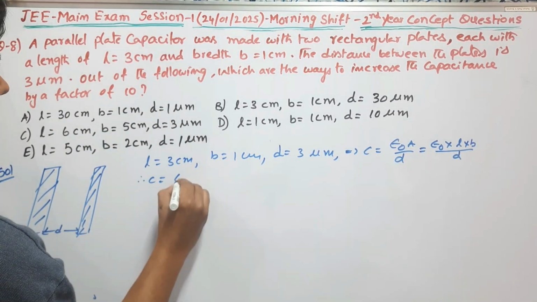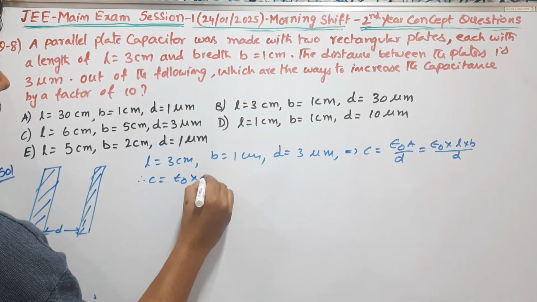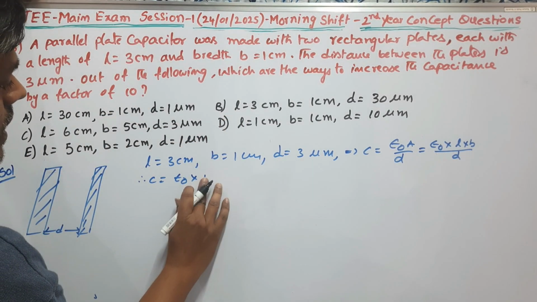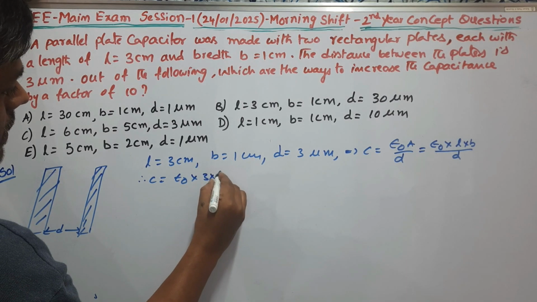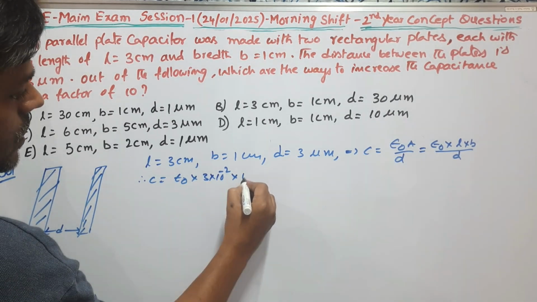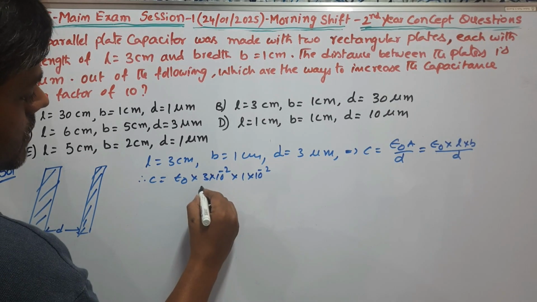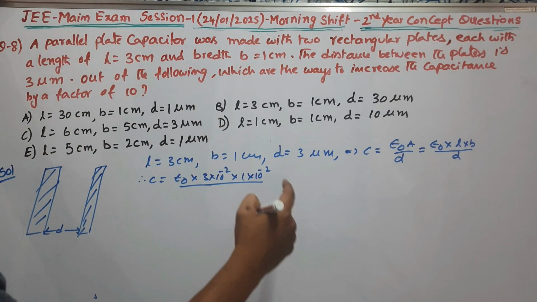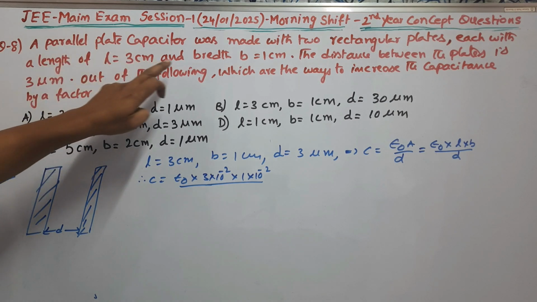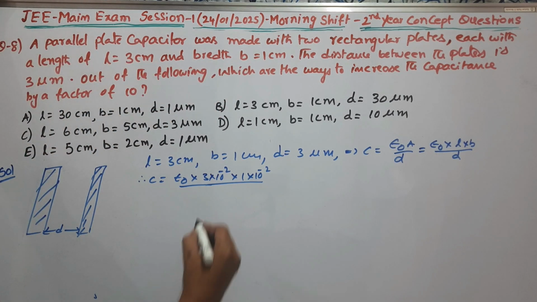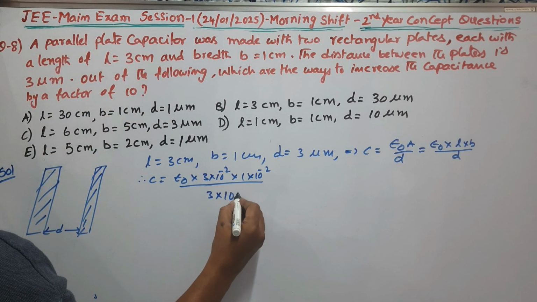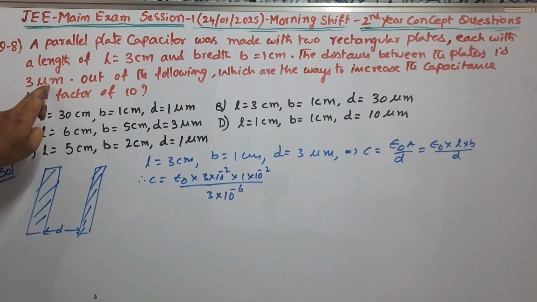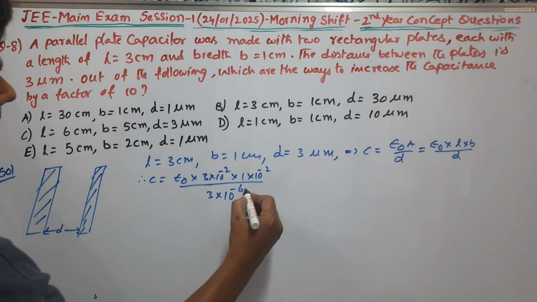Therefore, C is equal to epsilon naught into length, 3 into 10 power minus 2 meter, into breadth, 1 into 10 power minus 2 meter, by D, the distance of separation, 3 micrometer, 3 into 10 power minus 6 meter.